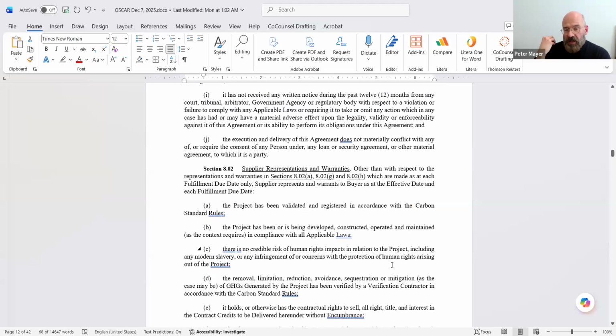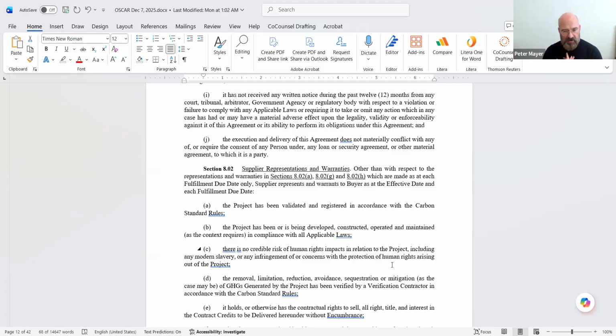Now, if you are an intermediary, you look at these clauses. Again, OSCAR for now deals with the situation where a buyer purchases carbon credits directly from a supplier. If you are an intermediary, you want to look at these clauses and maybe put a knowledge qualifier in there, right?